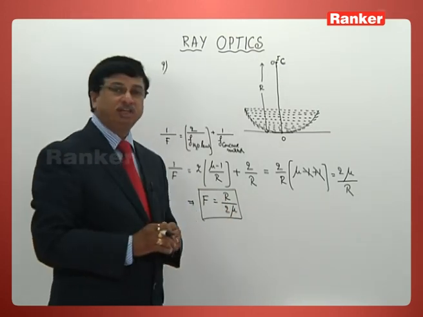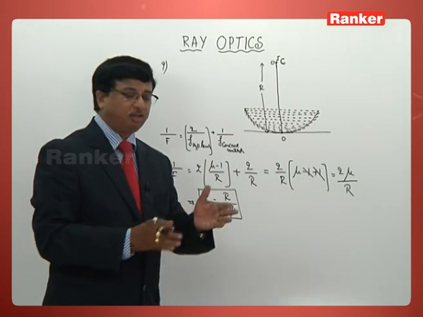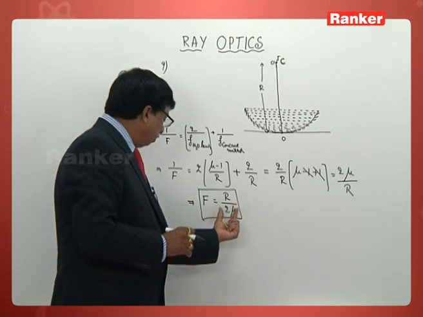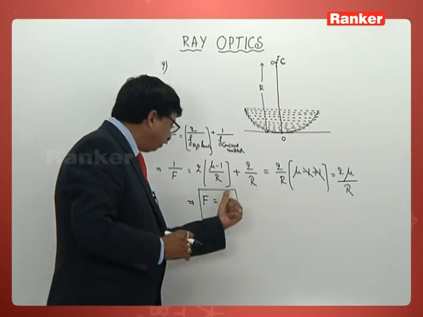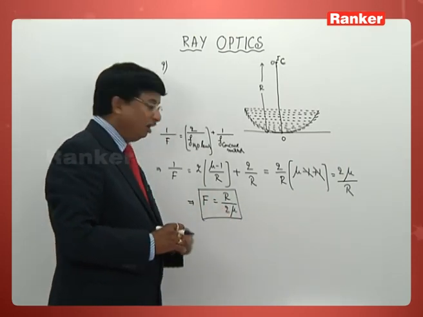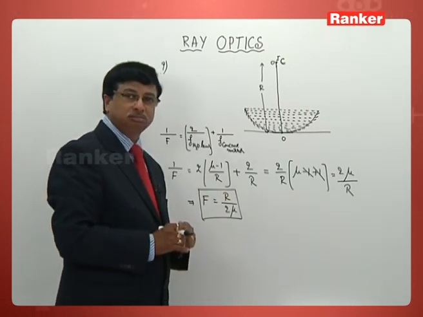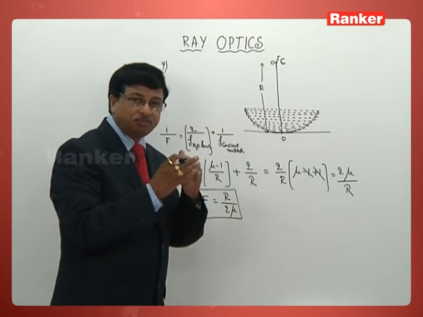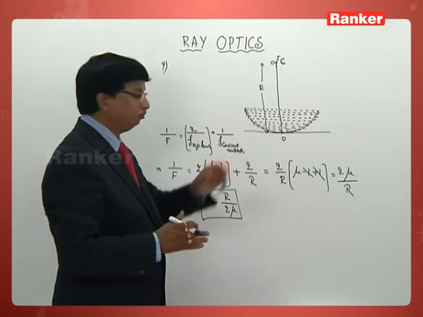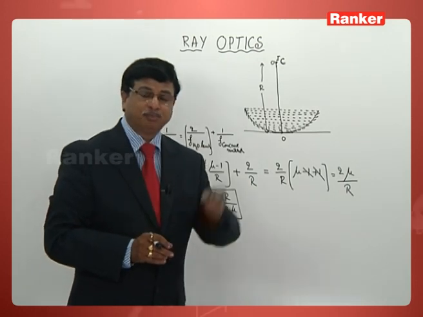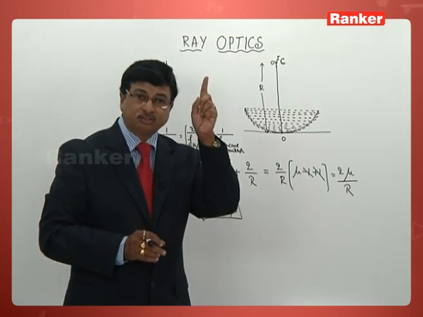Twice 1.33, is it not 2.66? So certainly, earlier f was r by 2 only, and now f is becoming r by 2 mu. So certainly the present focal length of the system is less than the focal length of the system earlier.